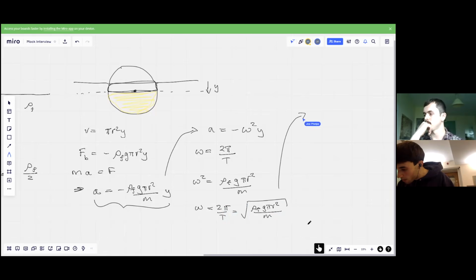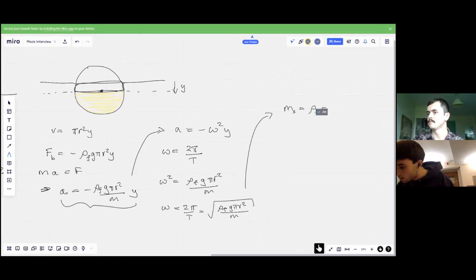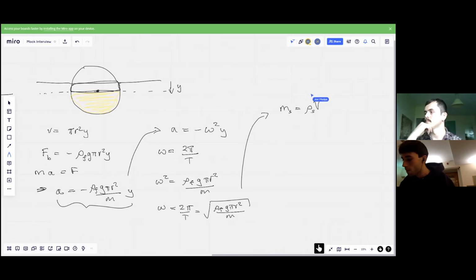So I know that the mass of the sphere is the density of the sphere times its volume. And I know the density of the sphere is just the density of the fluid divided by 2.